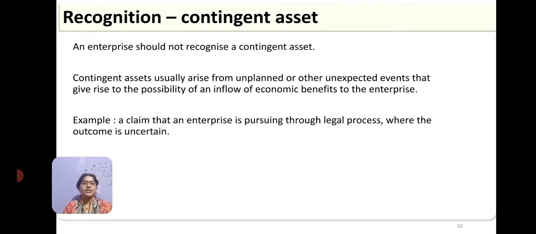Similarly, a contingent asset is like when you have put a case on some property. If you win, the property may come to you, or if your opponent wins, the property may go to him. In that case, you don't still own it. You may own it and you don't know when. In such a case, it is called a contingent asset.